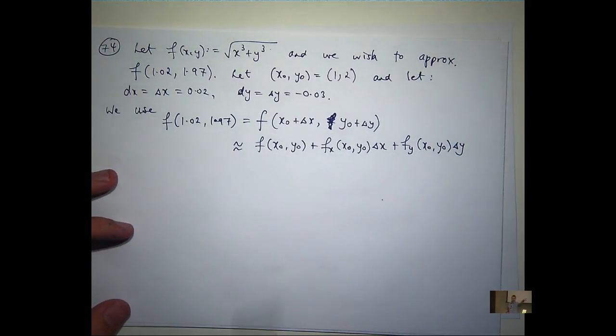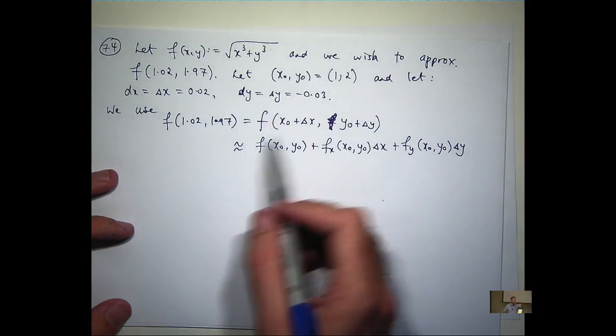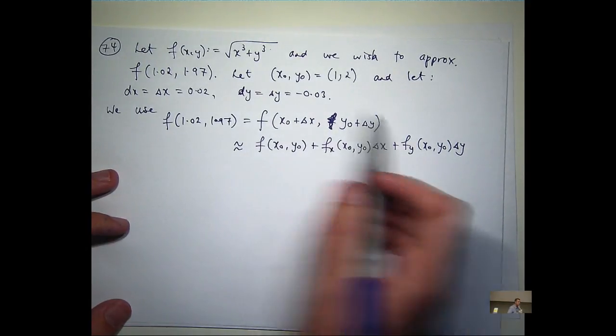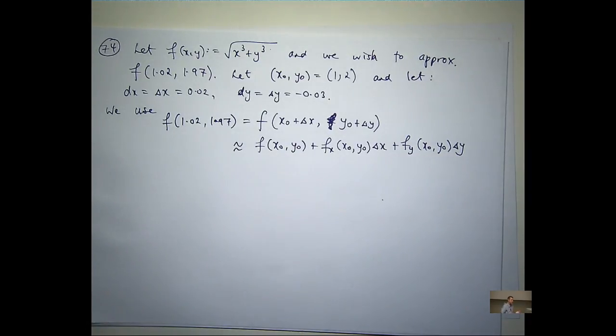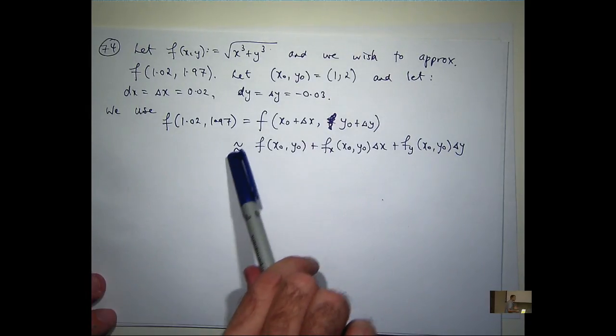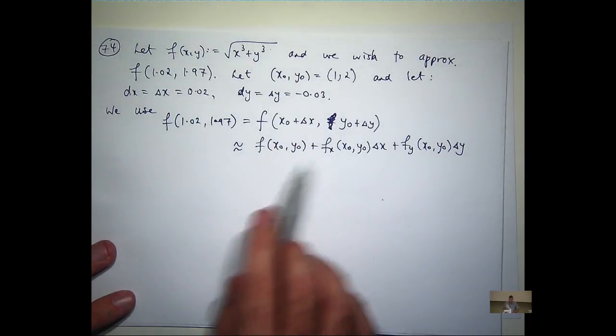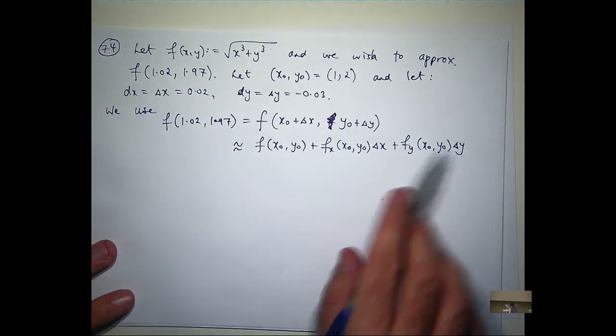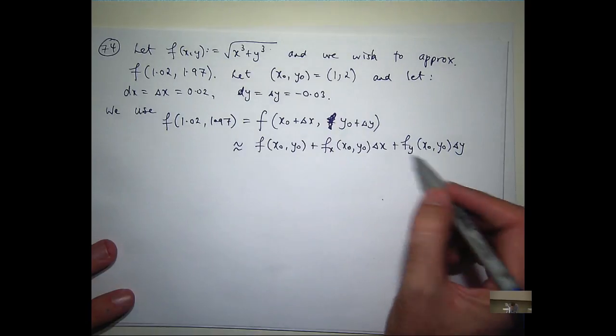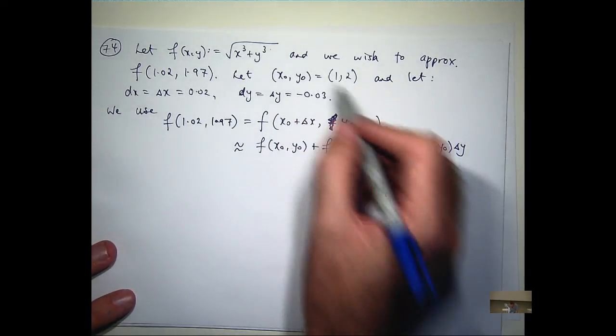Okay? So over here, this is like the equation for a tangent plane, and over here, this is some sort of value on a surface. Okay, note the approximately equal to sign. So let's work out these things, and in particular, this is going to be pretty easy to evaluate because we're working with simple inputs.